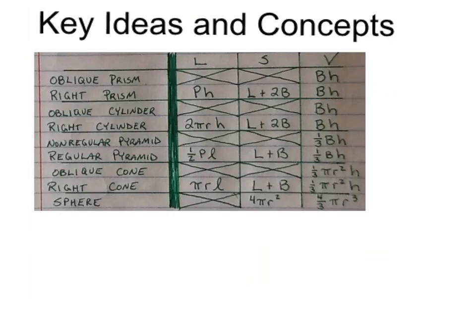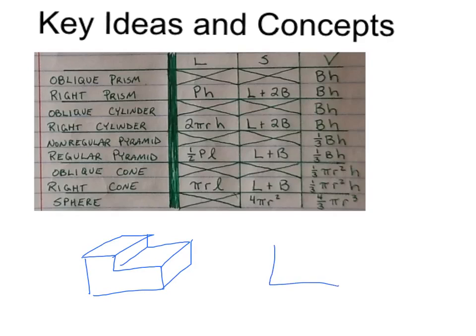Alright, the key idea and concept for this video is being able to apply all of the lateral area, surface area, and volume equations together. And on the skill, I may give you something that looks like a rectangular prism on top of a rectangular prism and ask you to find the area, surface area, and volume of that shape.